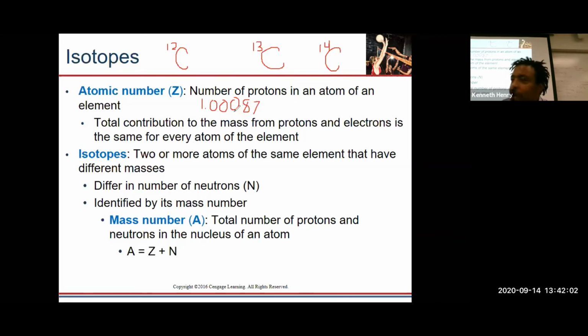I may be off by a zero. And then a neutron weighs 0.00079. Okay, so that's the distinction between the two.